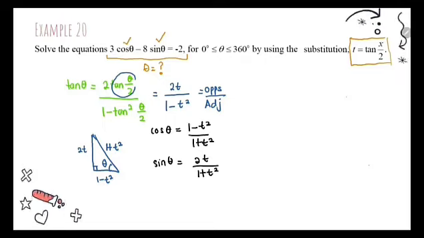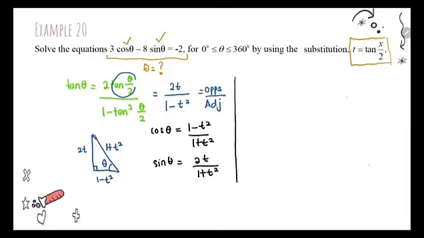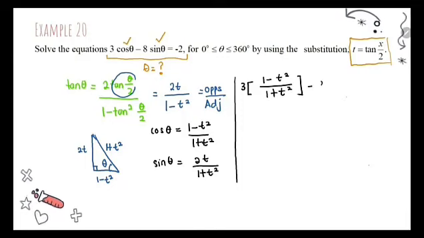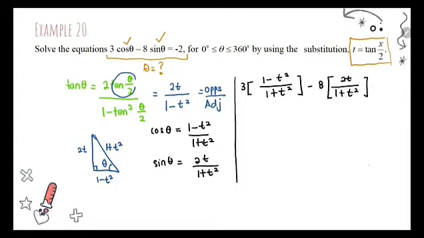So now when we are asked to solve by using substitution of t, we need to substitute cos theta and sin theta in terms of t, which we have already found.